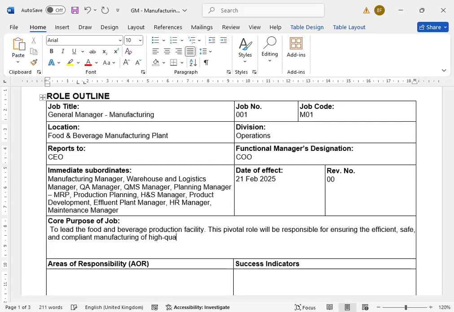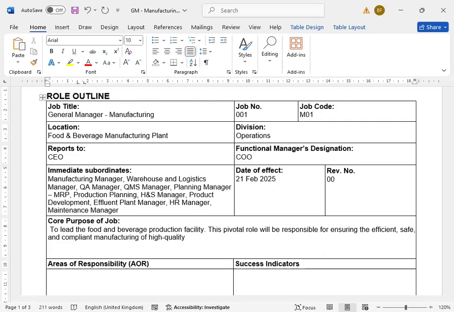That's why you need your plant to be ISO 22000 certified, and whoever the third party is doing the audit or surveillance audit to maintain the certification, they're going to do that. At the same time, you also have an internal audit.